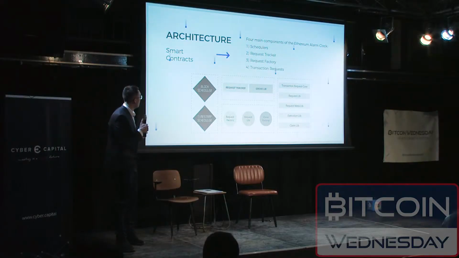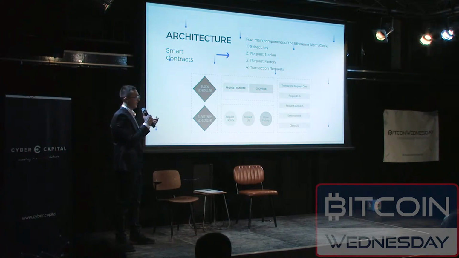So I'll go into a deep dive a little bit of how the architecture works. It's a smart contract protocol. The smart contract can be divided into 4 major groups. We have the schedulers, which are the API that the users talk to. These talk to the lower level request factory contracts.